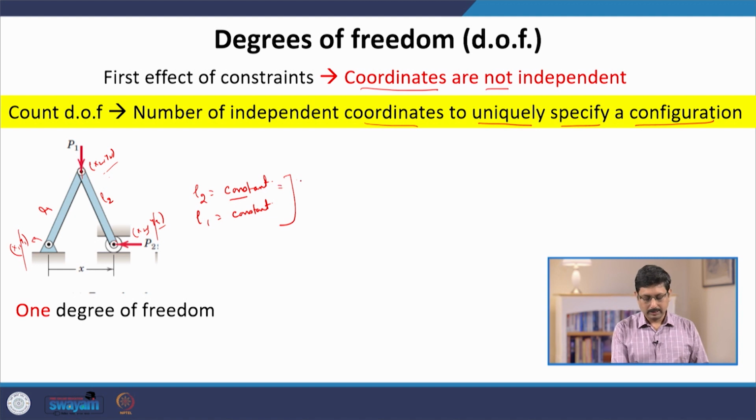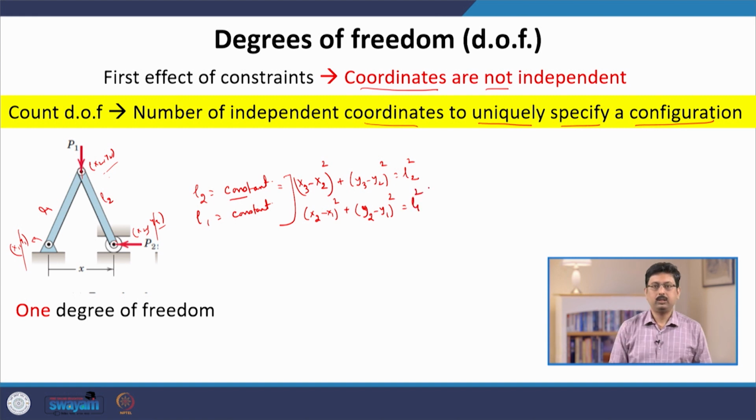So, for example, here you can write that (x3 minus x2) whole square plus (y3 minus y2) whole square is equal to L2 square, and (x2 minus x1) whole square plus (y2 minus y1) whole square equal to L1 square. So, this involves two equations. So, these coordinates x3 and x2, y2 are not independent. So, effectively there should be only one independent coordinate.